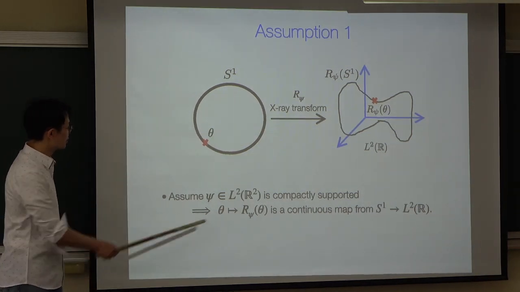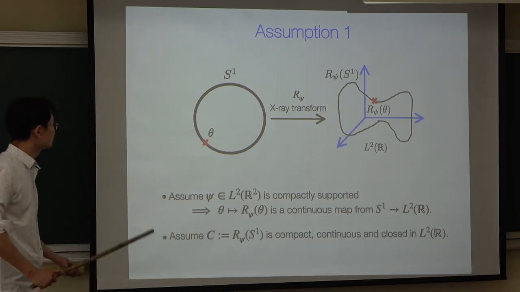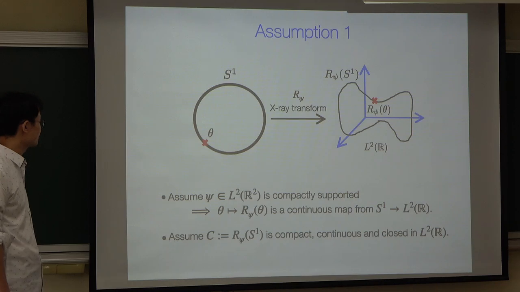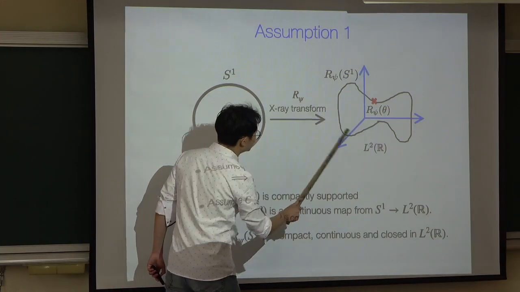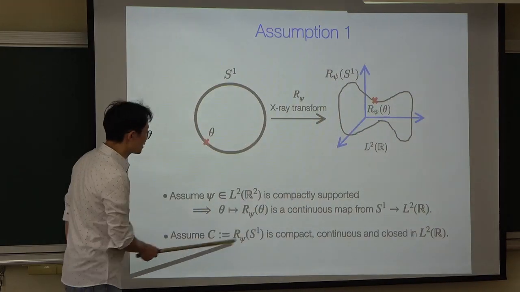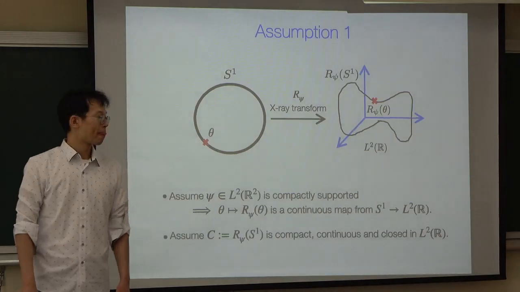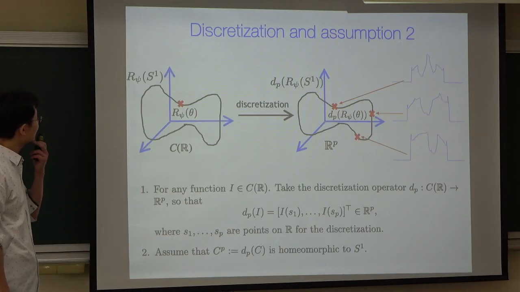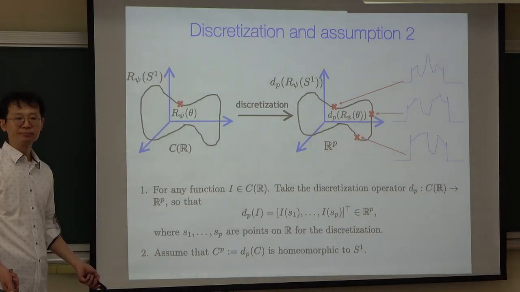And you can easily check this assumption holds in many simple general functions. Now if you denote this as C, this guy C is compact, continuous, and closed in L2. Then everything is good. That is the continuous setup.